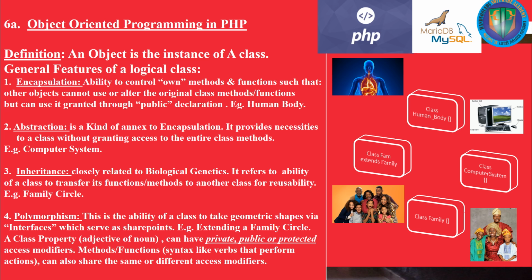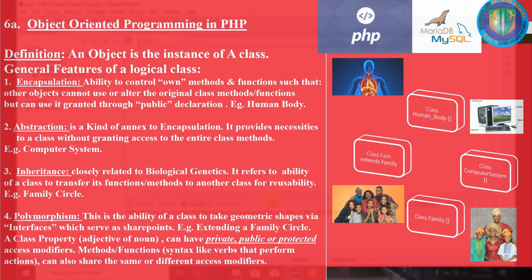The private is much more restrained than the public, and the most restrained is the protected access modifier. The other thing we should bear in mind is that methods and functions are syntactically verbs that perform actions, and they can also share the same access modifiers.